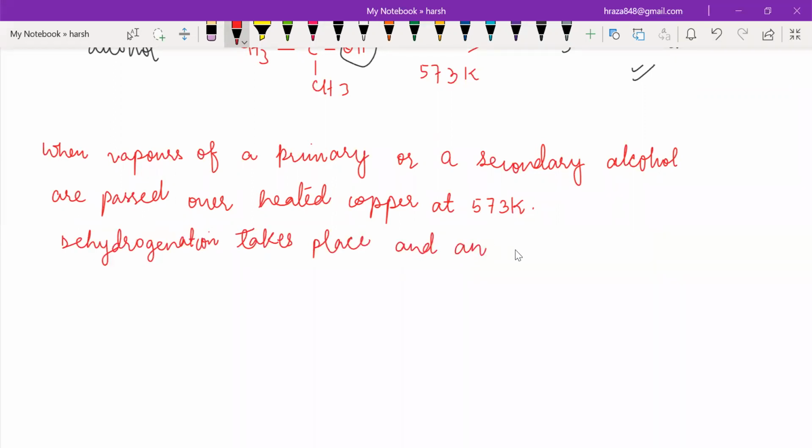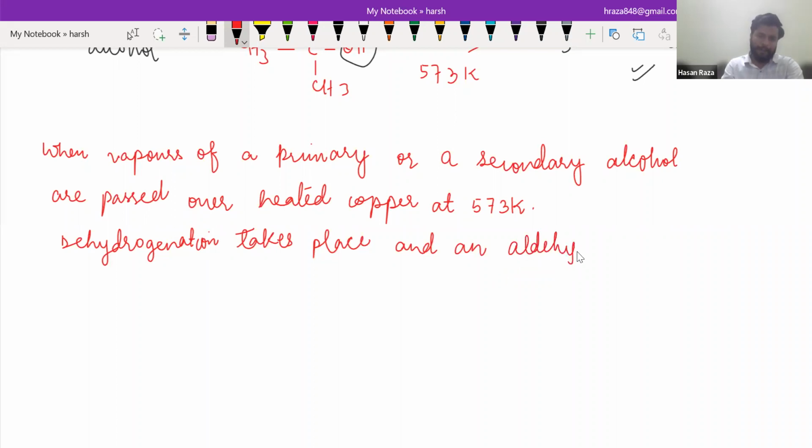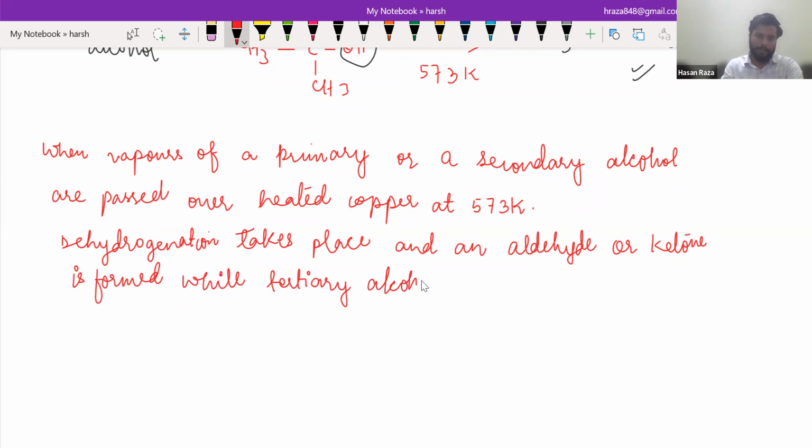And aldehyde or ketone is formed, while tertiary alcohols undergo dehydration.